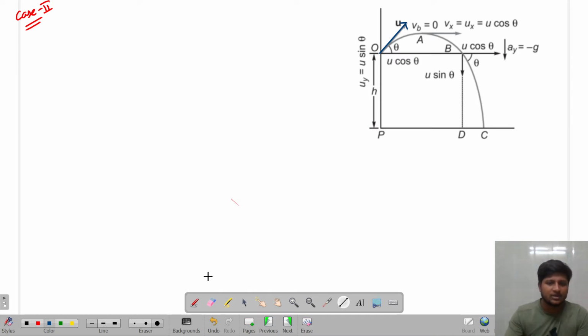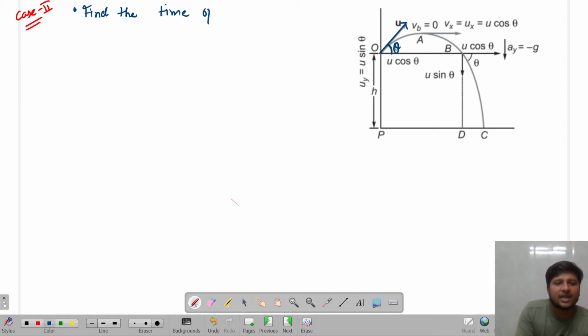If I consider this angle theta, what is going to happen? Try to see. I'll give you one task: find the time of flight in this particular case. Can you try?